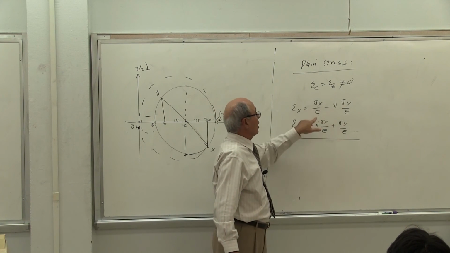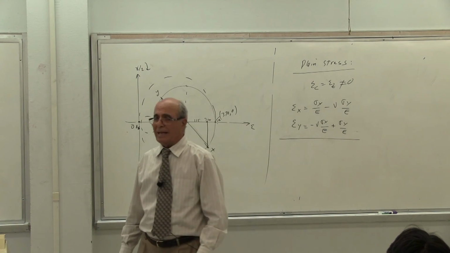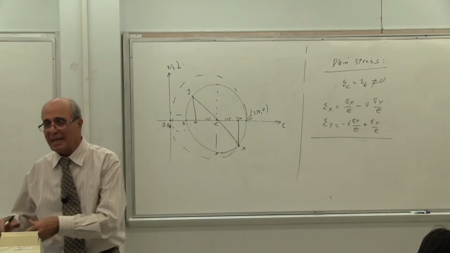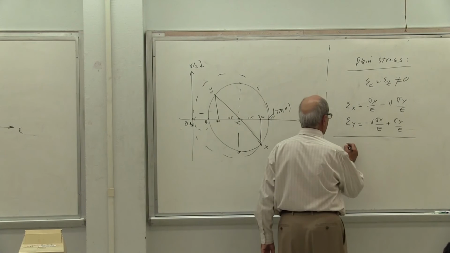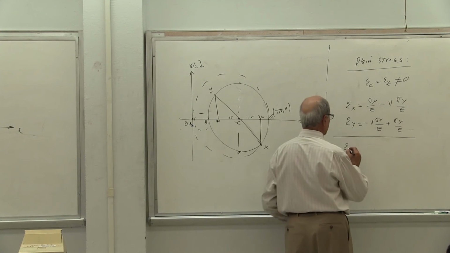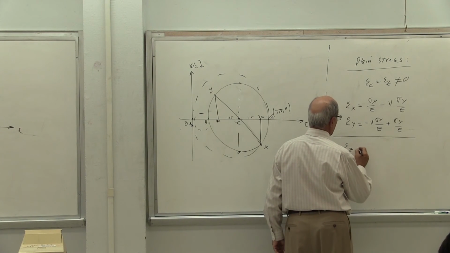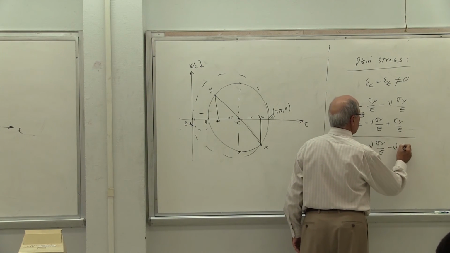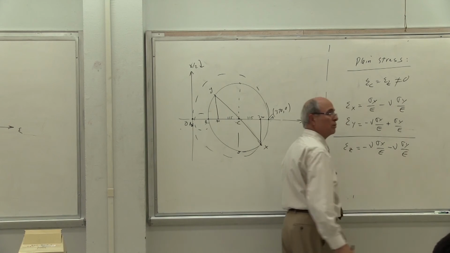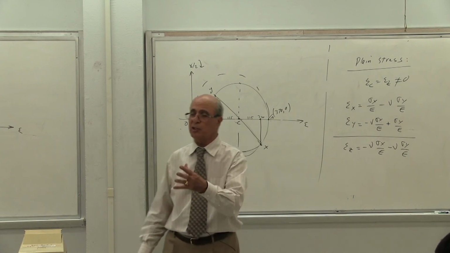I give you the nu, I give you the modulus of elasticity, then you can calculate sigma x and sigma y. This is the general rule. And then you put it in this equation. Some people forget about the equation I'm going to give you. So epsilon z equal to minus nu sigma x over E minus nu sigma y over E. This is the general rule. If I don't give you any equation, this is what you do.